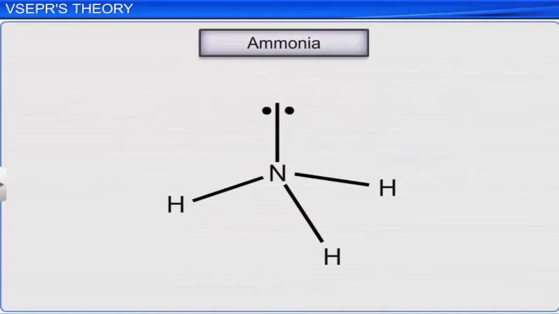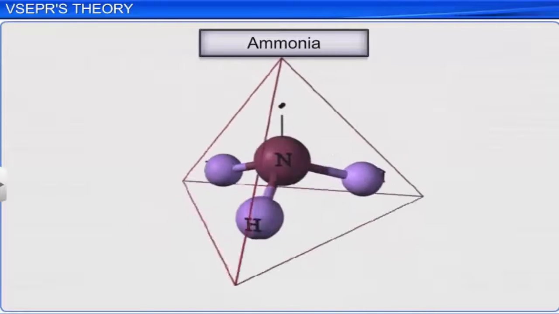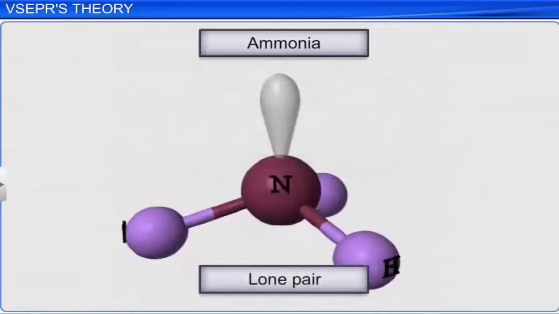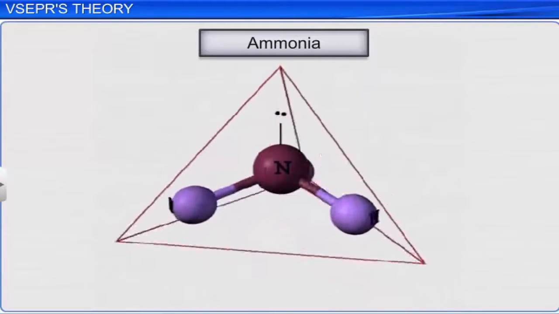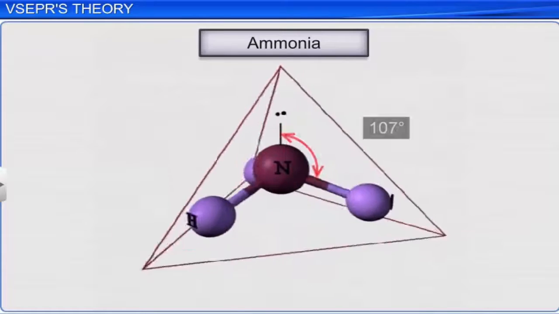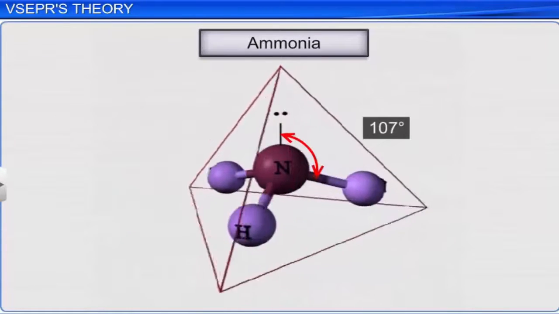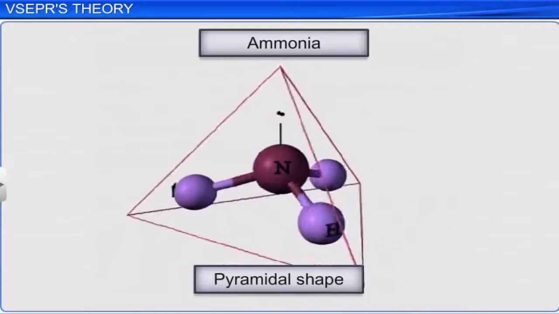The ideal geometry of the molecule with 4 pairs of electrons would be tetrahedral. However, the lone pair of electrons repels the NH bonded electron pairs, thus reducing their bond angle to 107 degrees and giving the molecule a pyramidal shape.